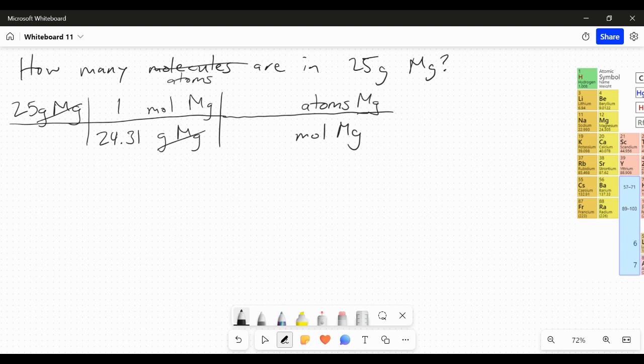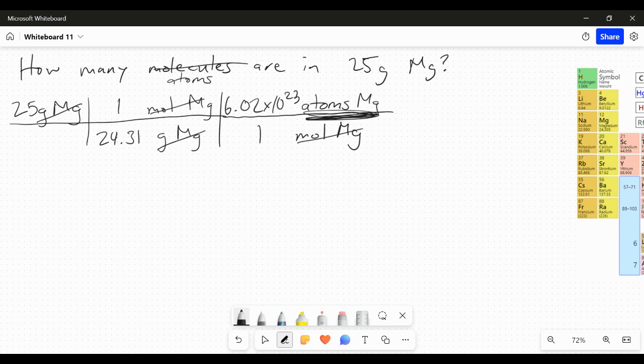Then what's the relationship between these two? 1 mole is 6.02 times 10 to the 23rd atoms. Okay. Cancel out my units again. So you can kind of see how this is one step to get it into moles and then another step to get it into atoms. Now I'm at the unit that I want. I'm at atoms. So I just need to solve the math part.